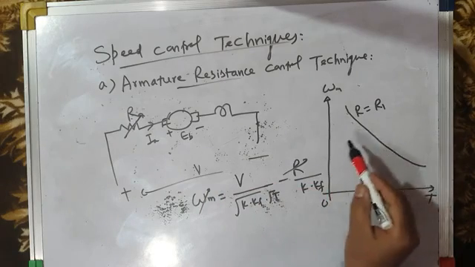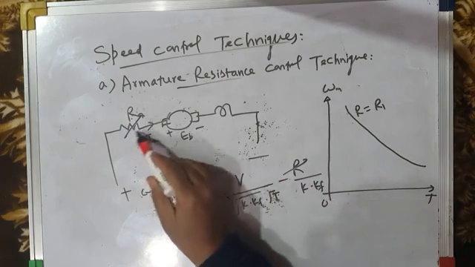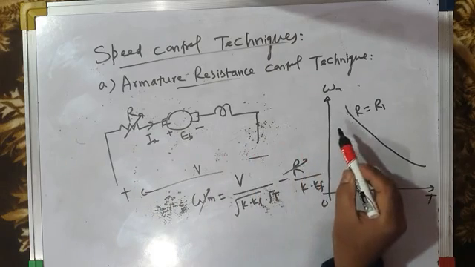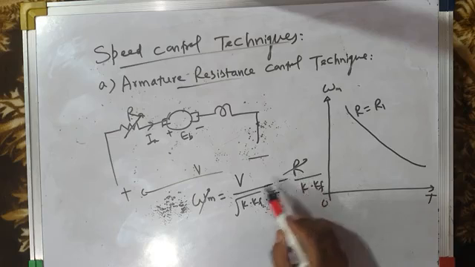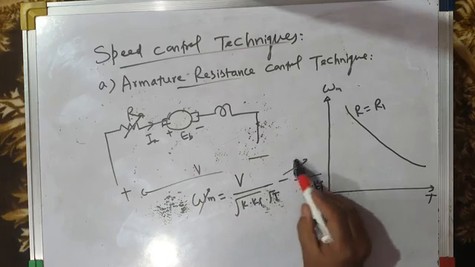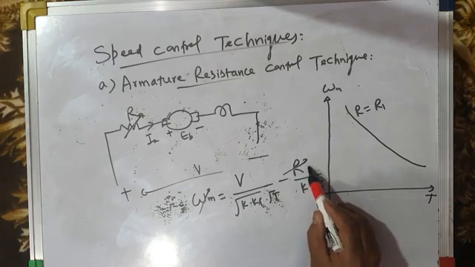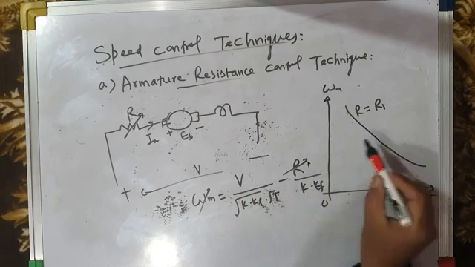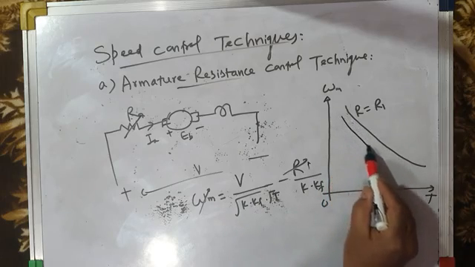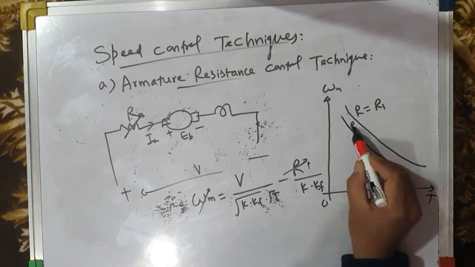If you put external resistance in series with the armature circuit, say R2, then as per this equation, you will get reduced speed, because when you increase R, this term will increase. So omega m is this minus this, so omega m will decrease. This is for R equal to R2.